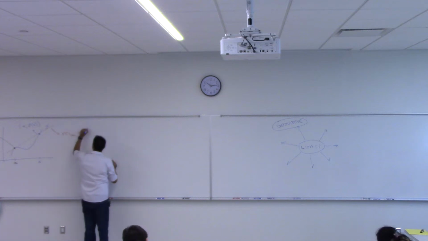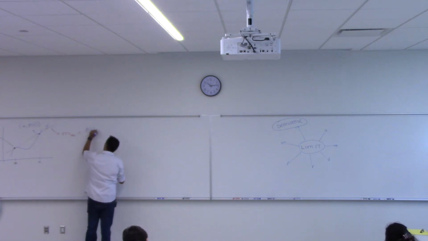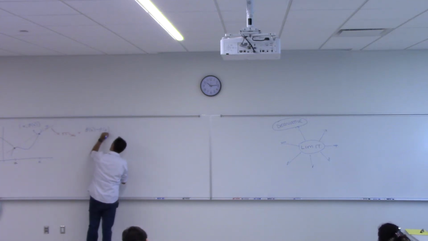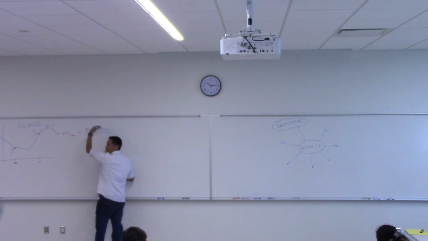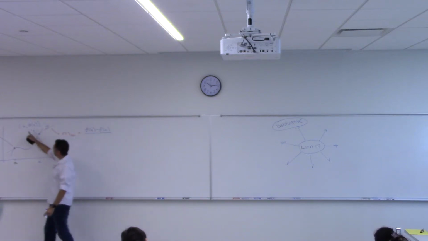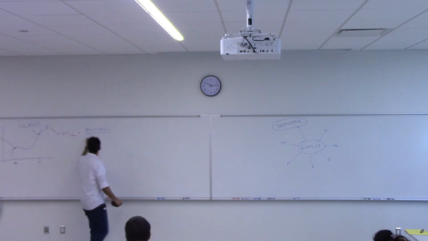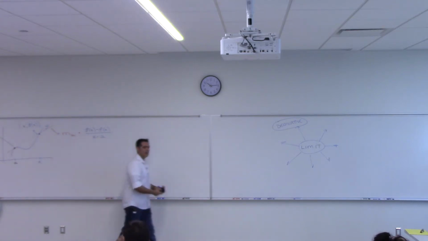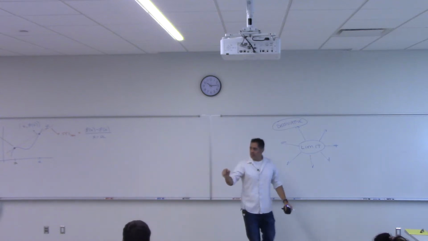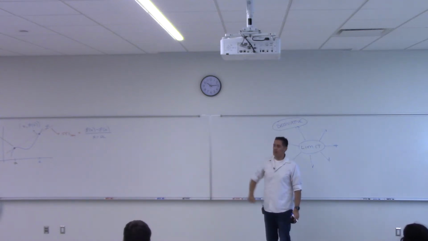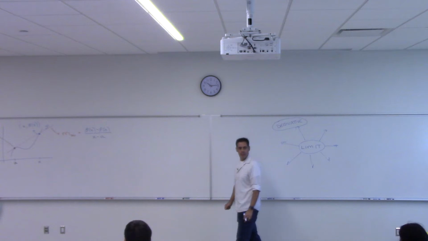f of x minus f of a over, that's your rise, over your run, which should be the difference of the x coordinates, so x minus a. That's it, right? That is the slope of the line connecting those two points.